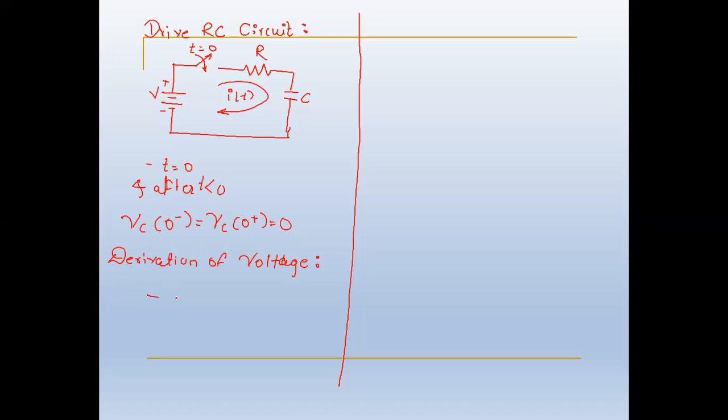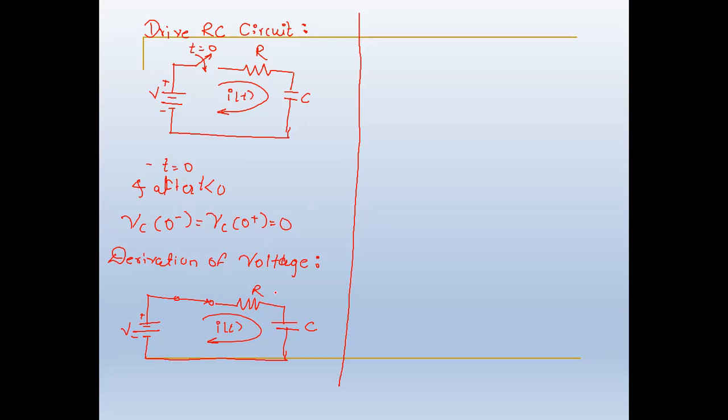The circuit will now look like this: R is there, and C is connected across it, with the voltage V, and the current we have defined as I of t. So for t greater than 0, the circuit will look like this.